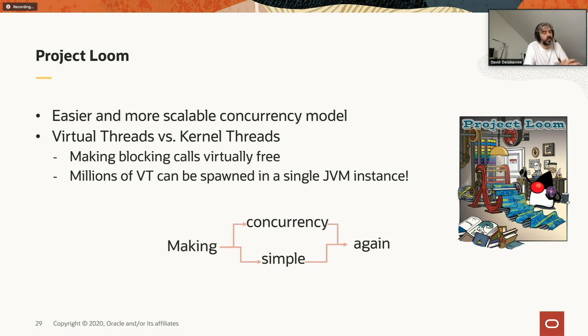And obviously, the JVM will have to do mapping between those virtual threads and some underlying kernel carrier thread, but that is handled by the JVM. And those virtual threads are very, very cheap. So it's not really an issue to write code that is blocking, because a virtual thread that is blocking is not blocking an actual underlying physical thread.